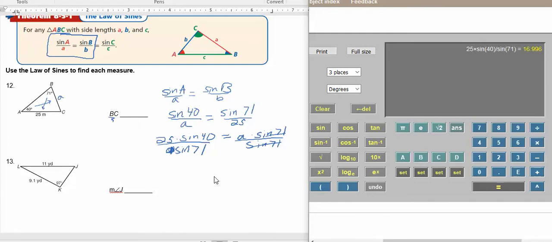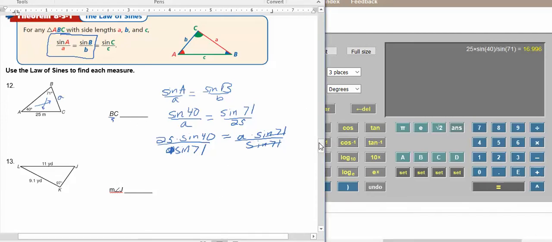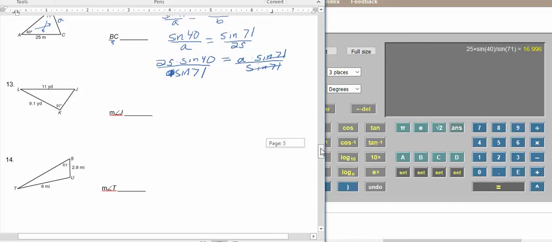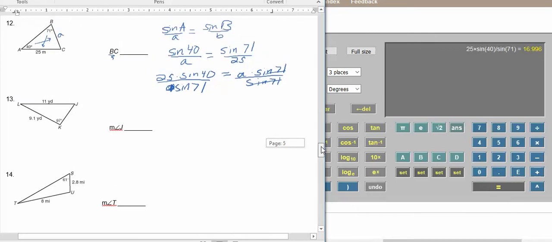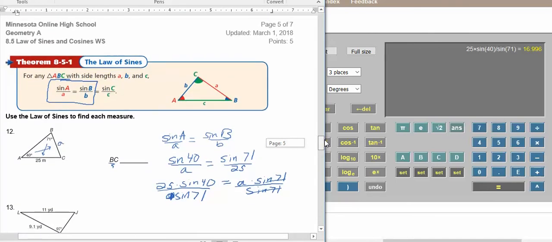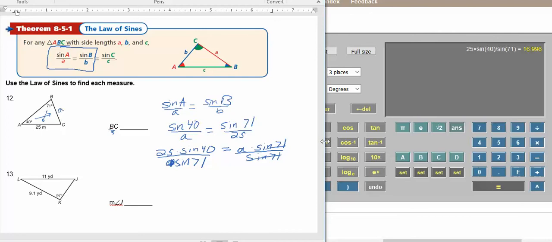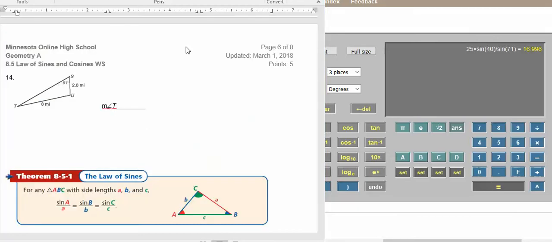All right, I said I wasn't going to do the whole problem, and then I did. Let's look at one that doesn't have as much stuff labeled for you, like number 14. It doesn't have all the A's, B's, and C's in it for you. And I've got the formula here again.